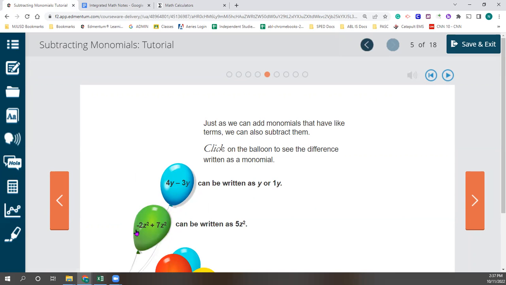This says that minus 2z squared plus 7z squared can be written as 5z squared. How does that happen? Well, if you look at a number line or a ladder that goes up above ground 7 steps and below ground 2 steps, you have negative 2 plus 7 is 5. Think of 7 minus 2 as 5.